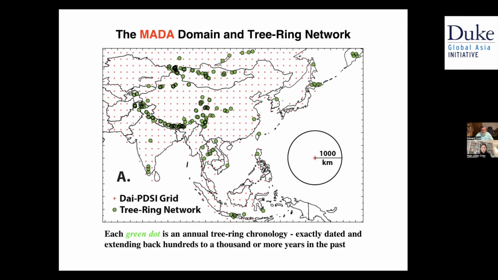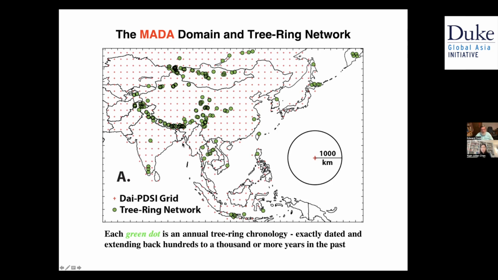So I certainly give proper credit to many individuals who contributed data to this effort. But this gives you an idea anyway of the way in which we reconstructed the Monsoon Asia Drought Atlas, this network or grid of climate variables or drought indices, using this network of long tree ring chronologies.